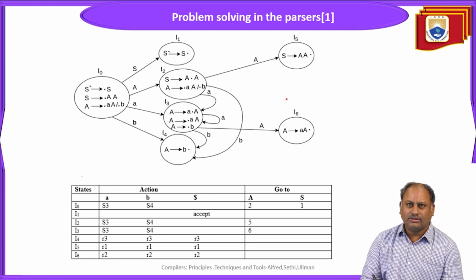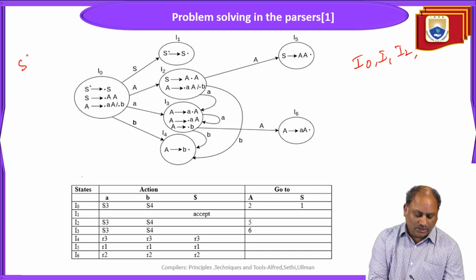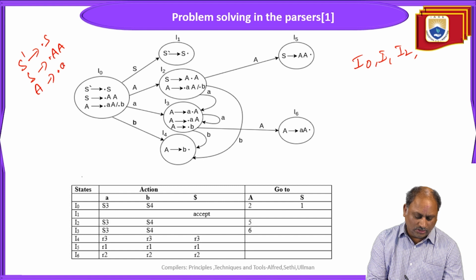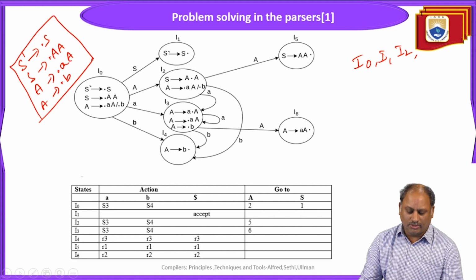So that is to be written with the help of a diagram. In this graph, it is represented with the states I0, I1, I2, I3, and so on. So what are the given productions? S dash, this is the augment production which I have considered, and the given productions are S derives dot A capital A, capital A derives dot small a capital A, and capital A derives dot B. Now these are the given productions in the example.